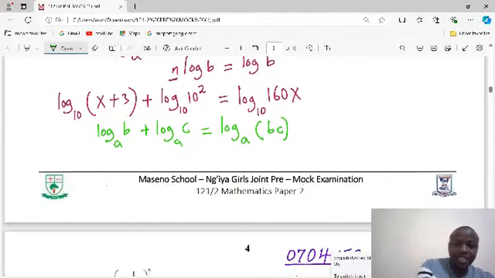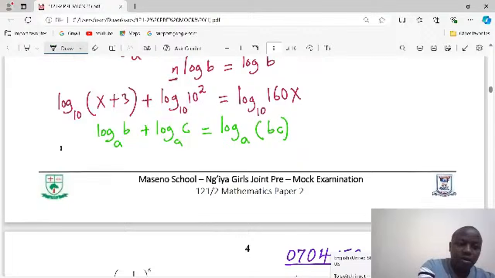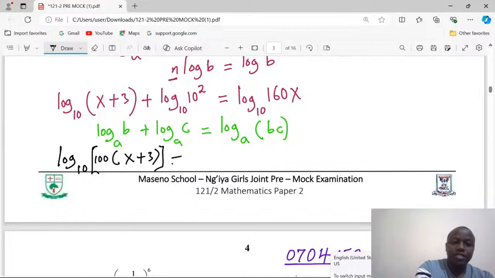At this point now, I can say we need to pick the log to base 10 of x plus 3 multiplied by 10 squared, which is 100. So we multiply 100 by x plus 3.